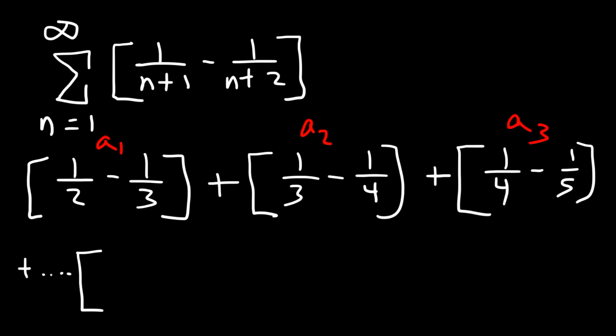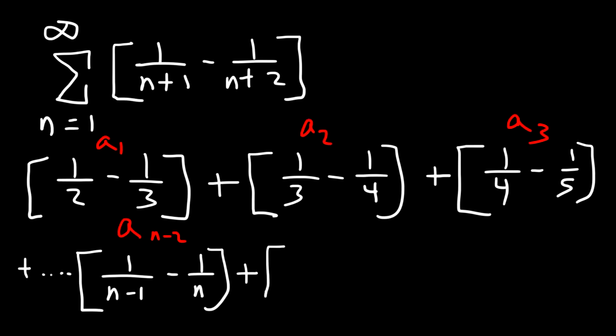Now let's get the a sub n minus 2 term. So replacing n with n minus 2, we have n minus 2 plus 1. So that's going to be n minus 1 on the bottom. Then n minus 2 plus 2, that's simply n. Now let's get the a sub n minus 1 term.